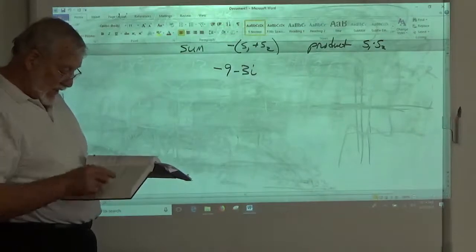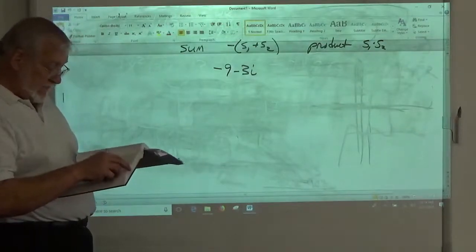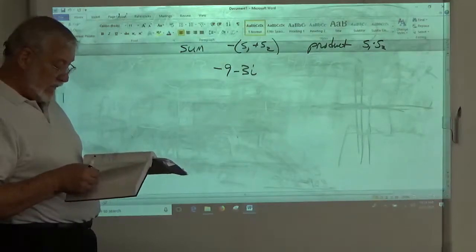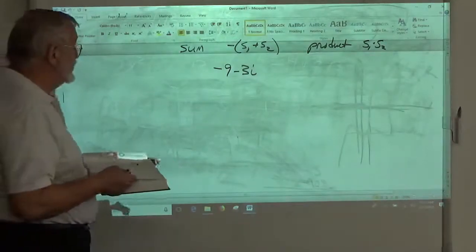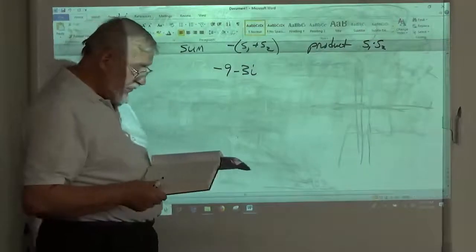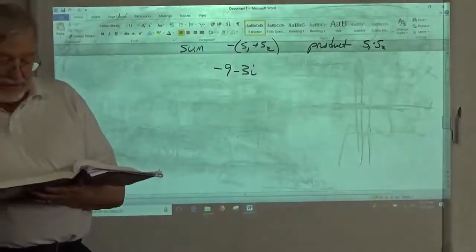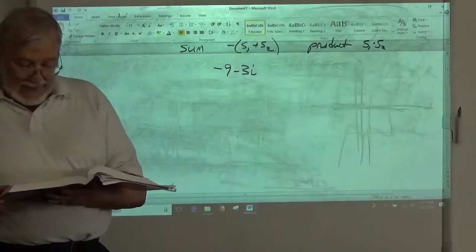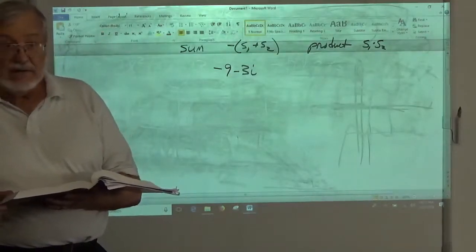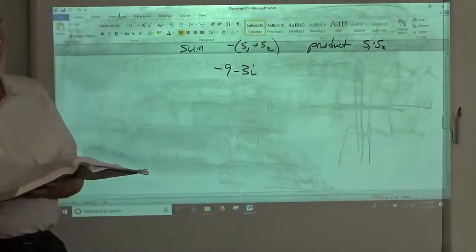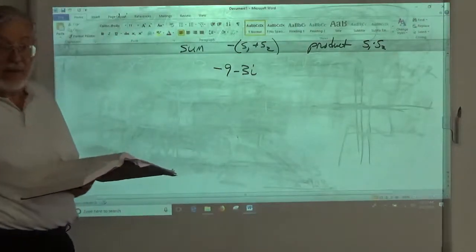Now, what about the product? What's the product of these? All right, so you're going to take 7 times 2, 14, and then 8 times 11 is 88, and the i squared and the negative will make it plus.